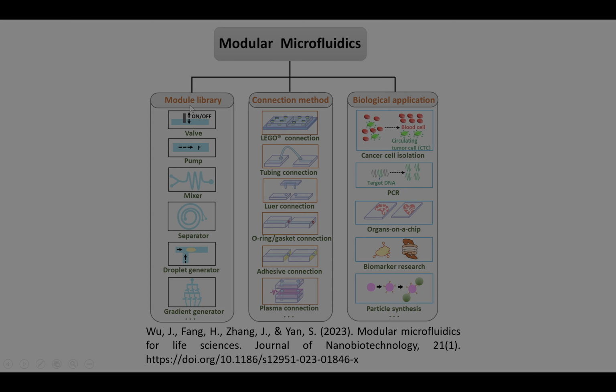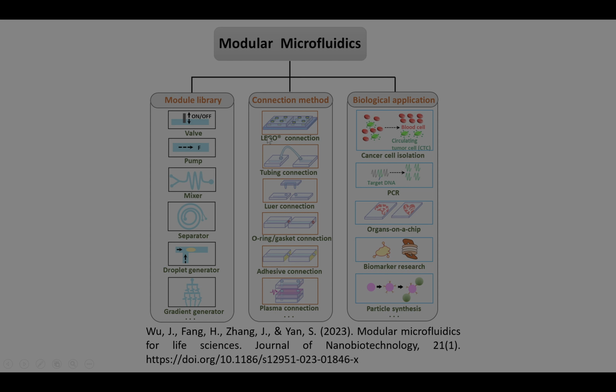First, the modular library, where we are using different components of the microfluidic device, such as a valve, which can be used for on-off of the device, a pump to flow the fluid, a mixer to mix the fluid, a separator to separate the mixture of the fluid, and then a droplet generator and gradient generator. The connection method has also been improved so much.